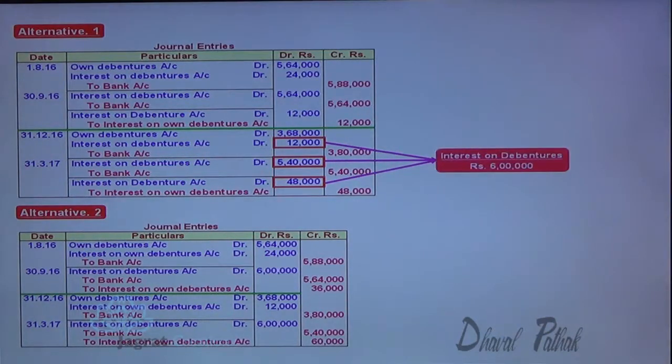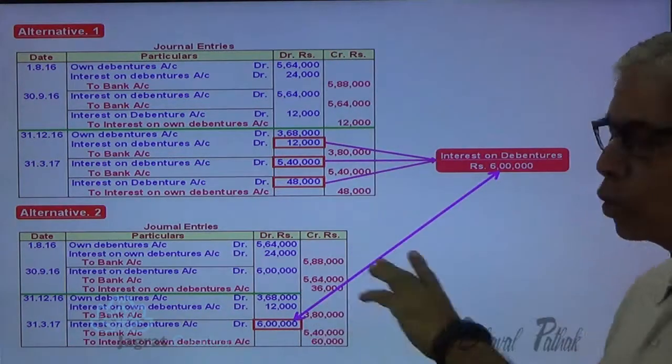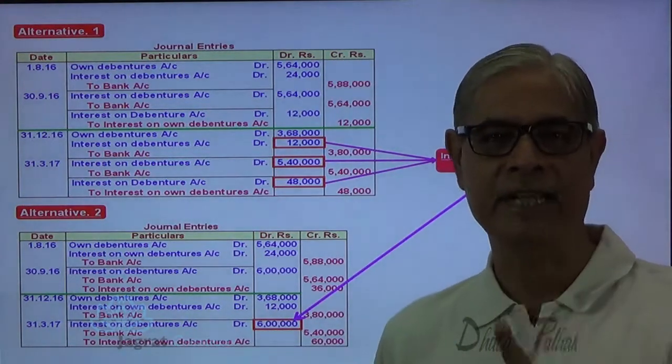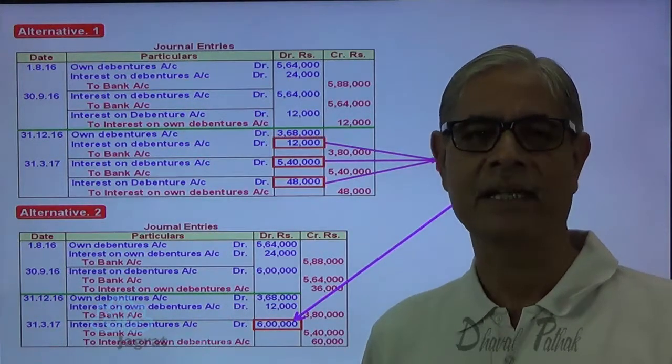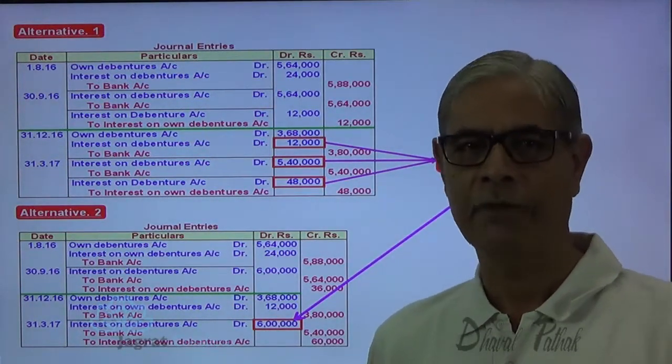So the total amount debited to debenture interest account is 6 lakhs, and in the second alternative also this is 6 lakhs. So the amount totally debited to debenture interest account is the same under both the alternatives.